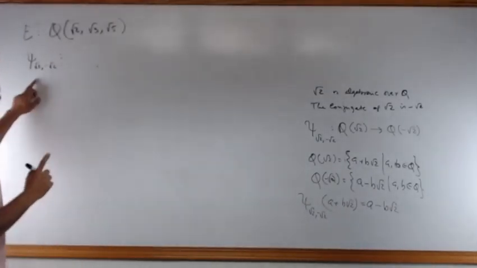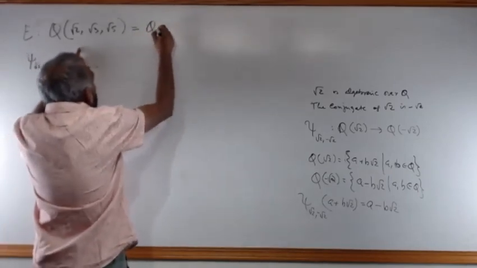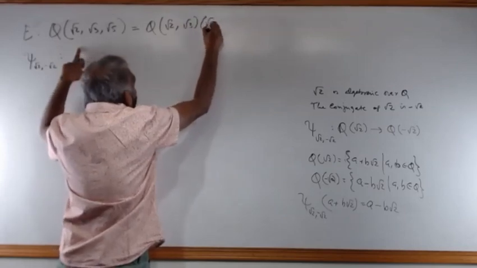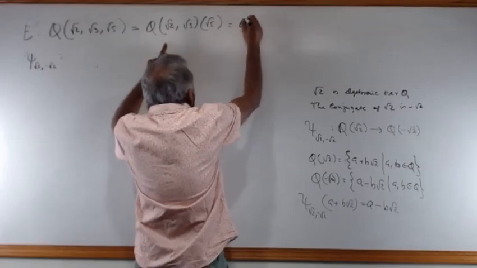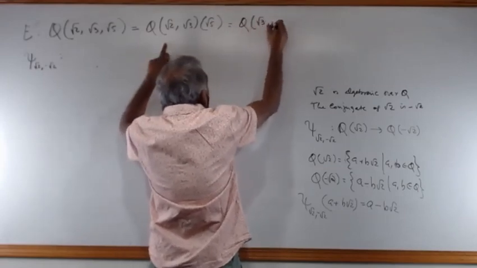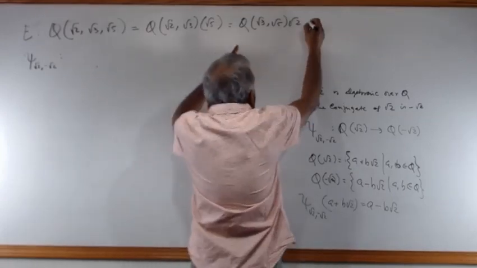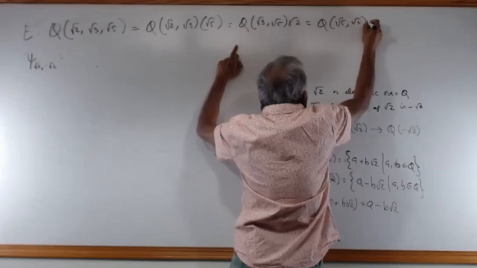not from Q. See, this is actually equal to, you can write it as Q of root 2 comma root 3 of root 5. Or you can write it as Q of root 3 comma root 5 of root 2. Or you can write it as Q of root 5 comma root 2 of root 3.